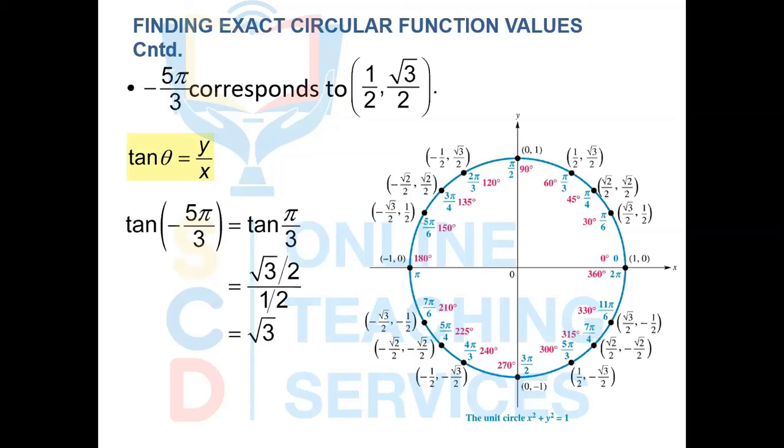Now, that is why you have there tangent of negative 5 pi all over 3 is equal to tangent pi all over 3, which means square root of 3 all over 2 divided by 1/2. So when we divide that, I'll write it down here.